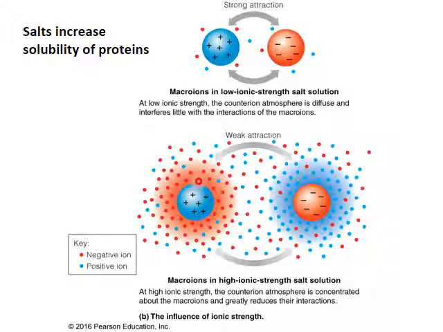So you do have water molecules still surrounding each one of these chloride or sodium ions, as well as water around the protein as well. So water is also possibly interacting here as well. So one way to help solubilize different species present in a solution, in addition to pH, is ionic strength.